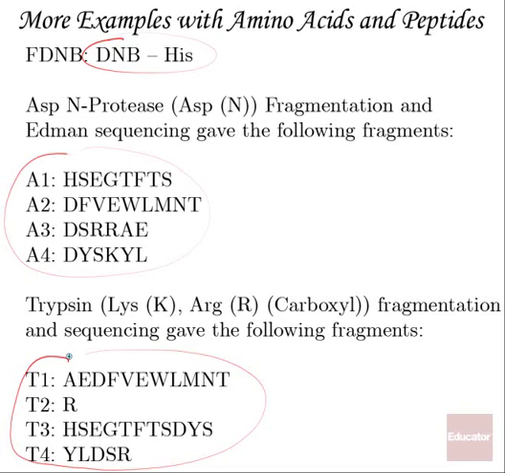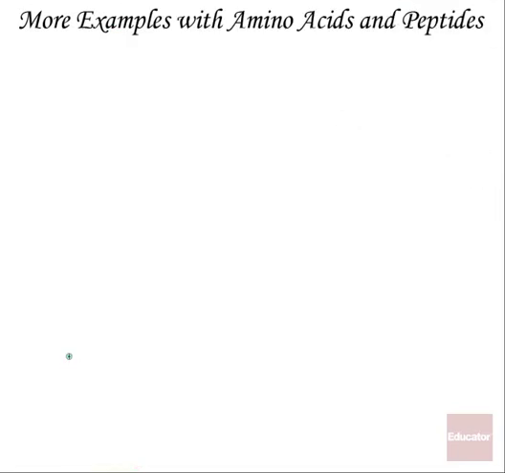So let's see what we can do. All right, we know that the DNB-histidine means that histidine is the N-terminal residue. So that's nice. It means that His is the N-terminus of this particular protein, which is really great.